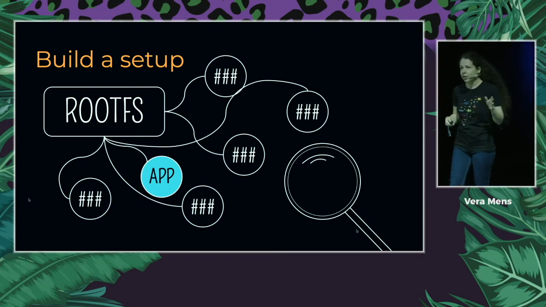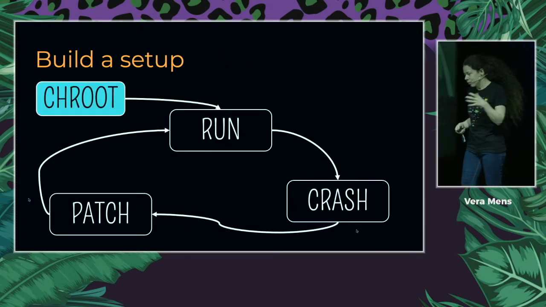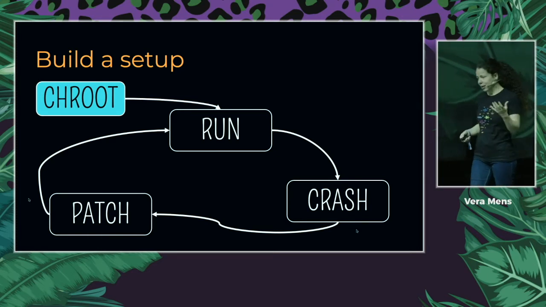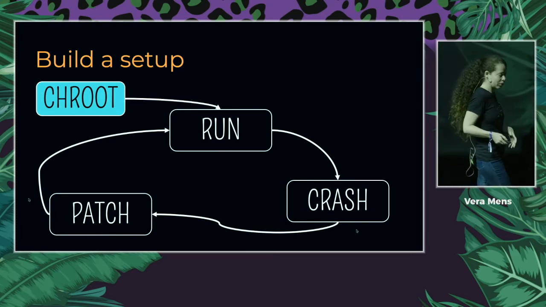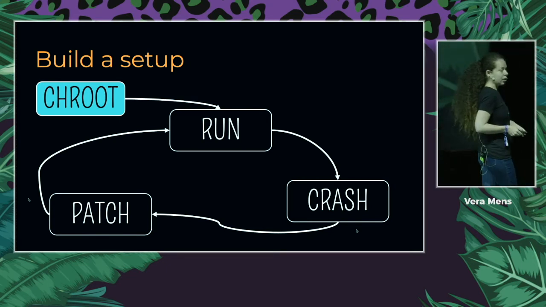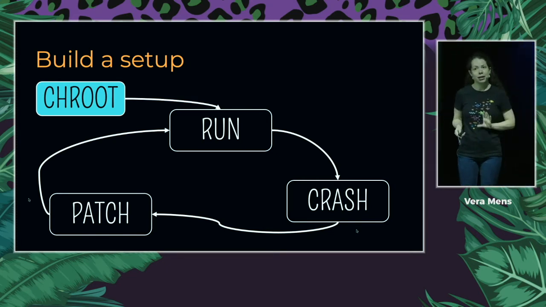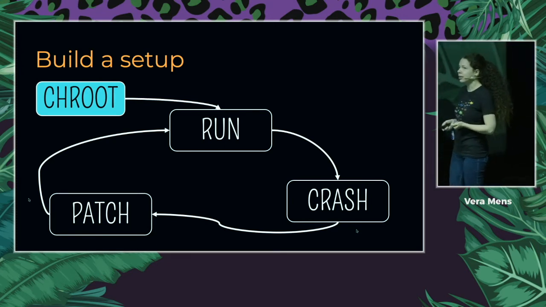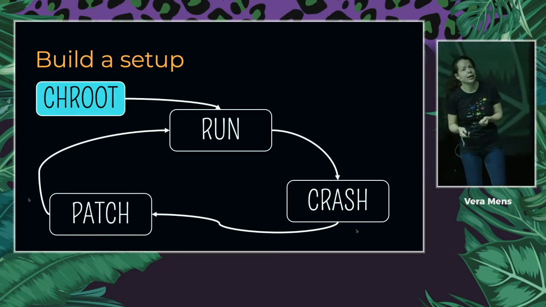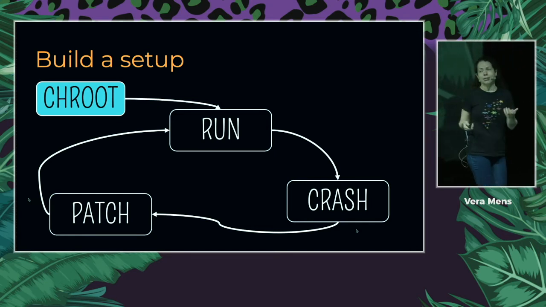The much harder step is the next one. So we have our main binary, we found it, and now we can chroot to our file system, making the root context be the new file system that we just copied to the Raspberry Pi, and we are ready to run the device.